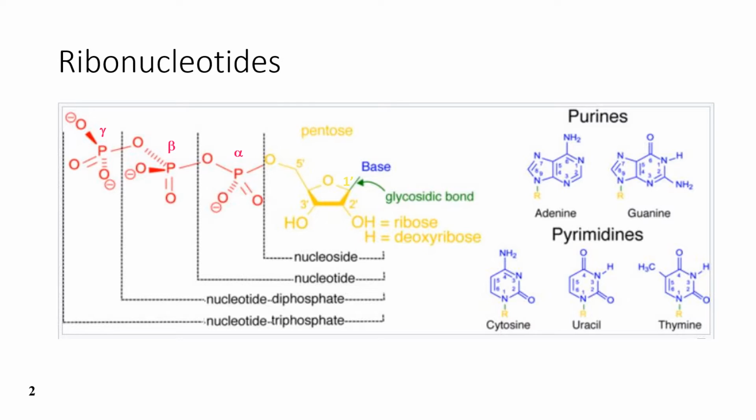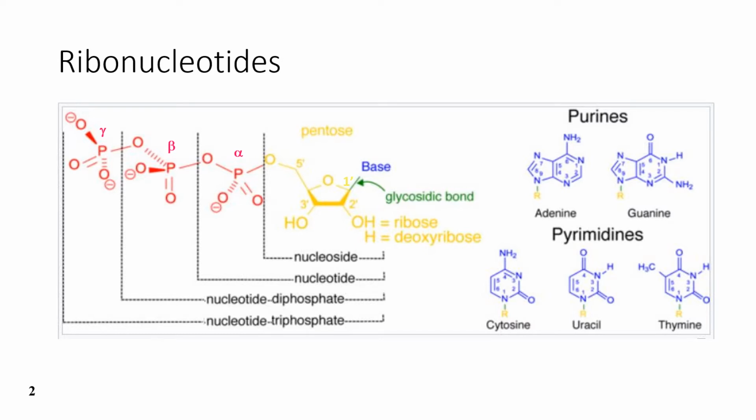To that 1' carbon, a nitrogen-containing base is going to be chemically bonded. To the carbon in the 2' position, there is a hydroxyl or an OH group. That is also true in the 3' position. So the carbon in the 3' position is going to be bonded to a hydroxyl group.